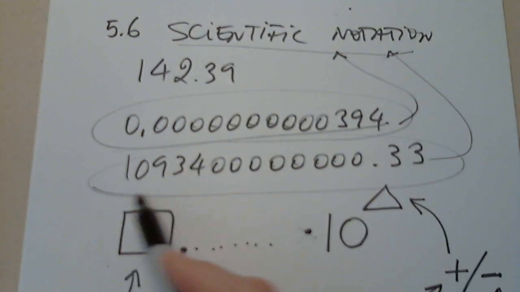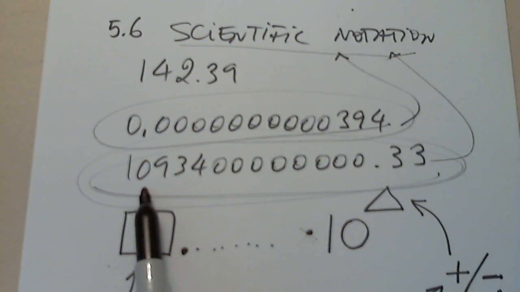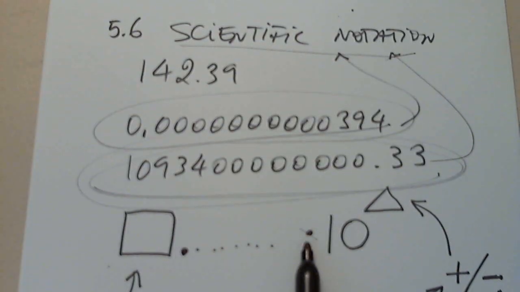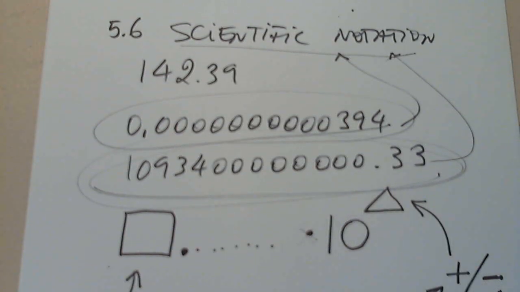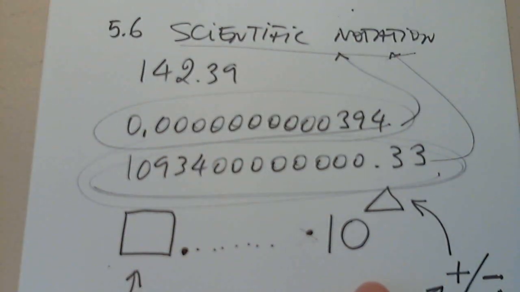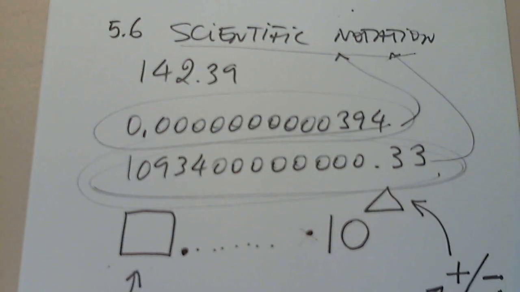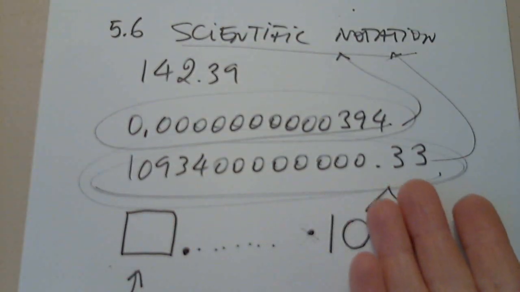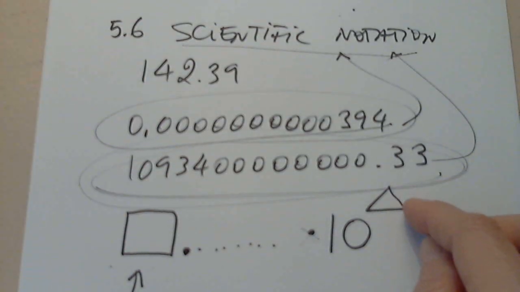When we represent a large number, it will be a first digit and so on, times 10 to a positive power. Again, when I represent a small number in scientific notation, the power of 10 will be negative. When I represent a large number, the power of 10 will be positive.